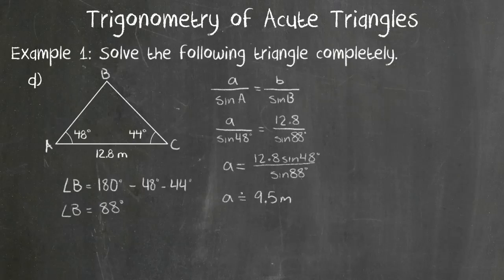I can now go and find side C doing the same process. So side C over the sine of angle C equals side B over the sine of angle B. Sub in my known values, so C over the sine of 44 degrees equals 12.8 over the sine of 88 degrees.